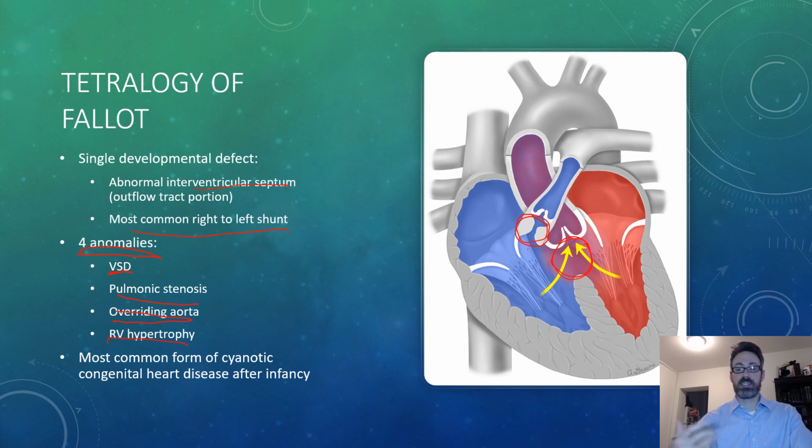That means I'm assisting in systemic circulation, so the right ventricle is going to hypertrophy as well, because the systemic circulation is a higher resistance. This is the most common form of cyanotic congenital heart disease after infancy.